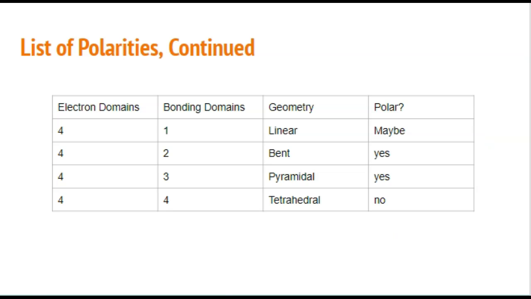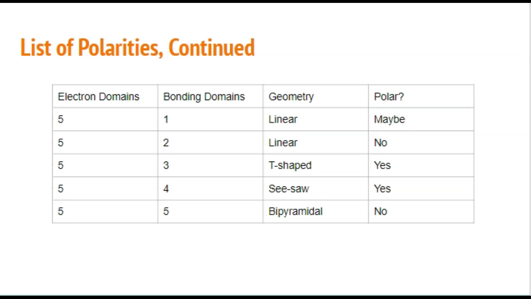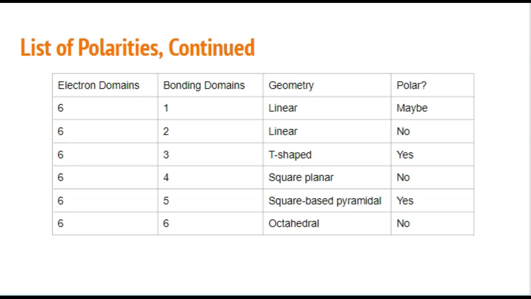I made a typo there. So there's 5 electron domains. You may want to pause the video and write these down. And then 6 electron domains. Again, pause the video and write them down so you know whether they are polar or not.